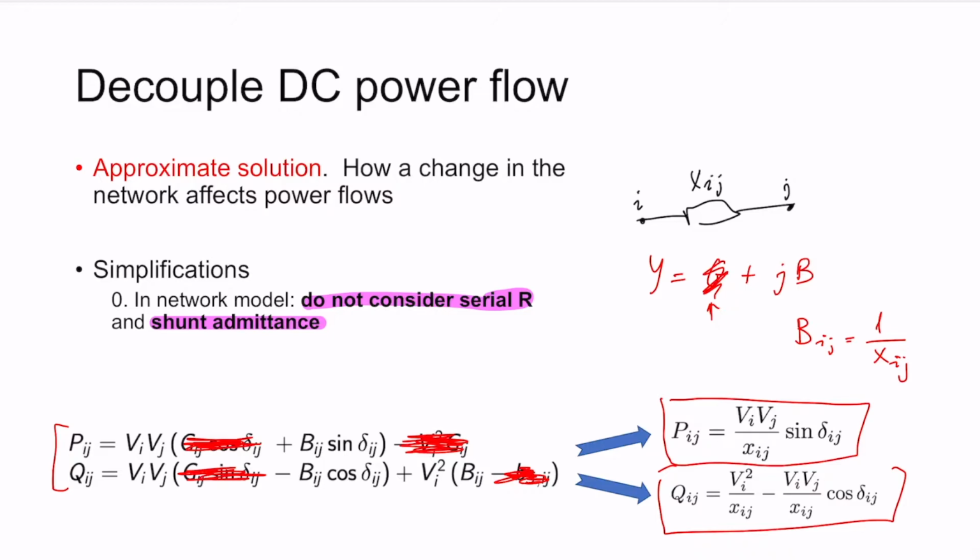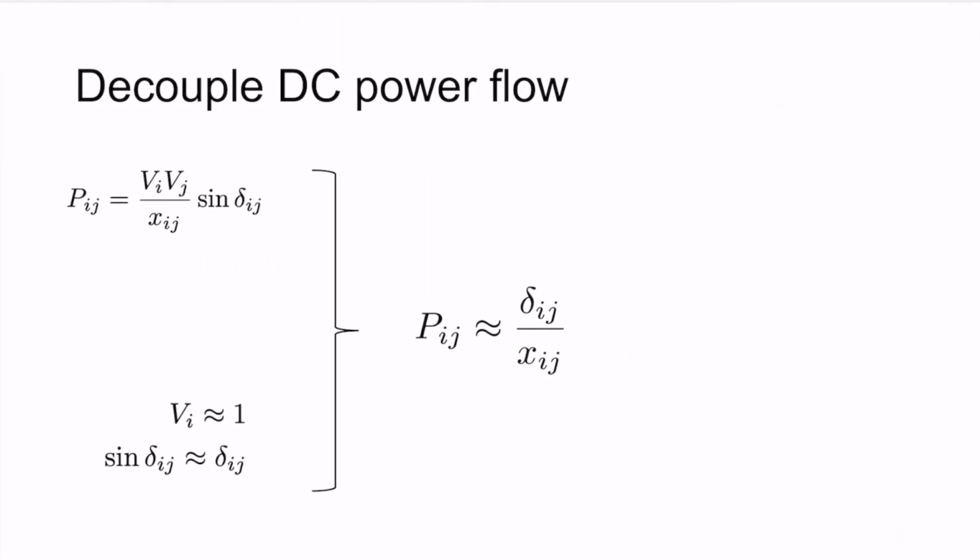They look simpler, but still they are not linear. We have cosines and sines. Just recall that delta ij is equal to delta i minus delta j. So let's start to work with this expression of the active power flow.